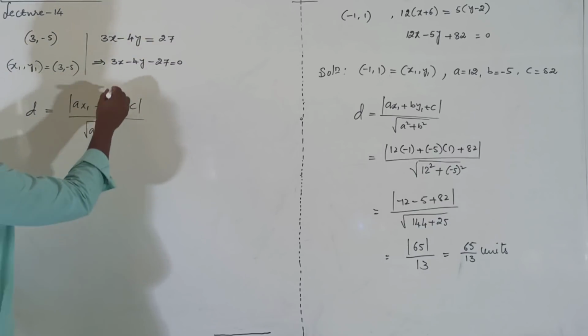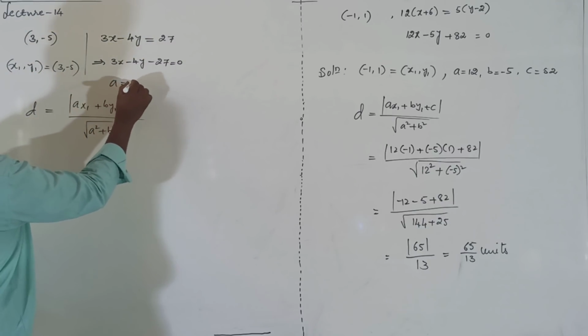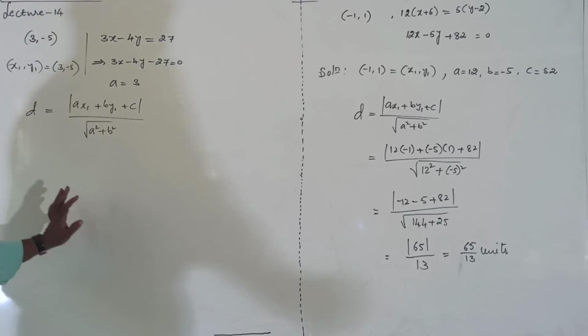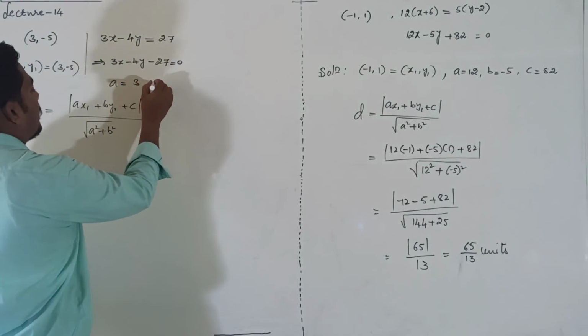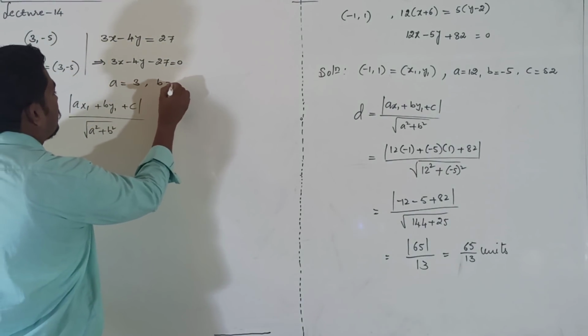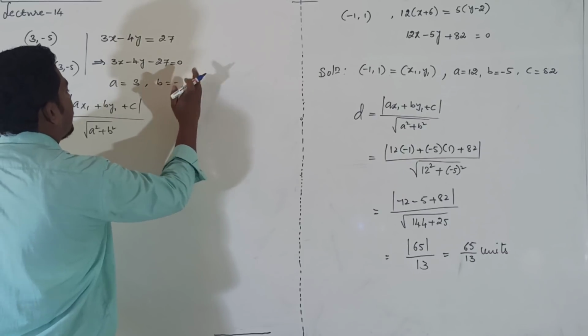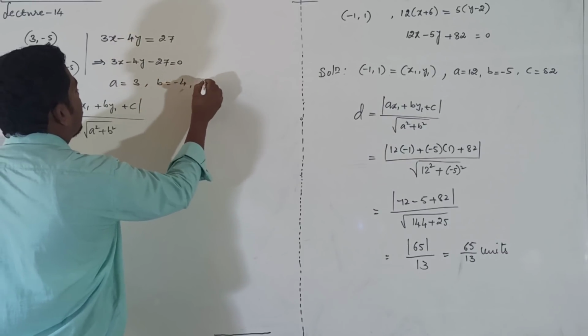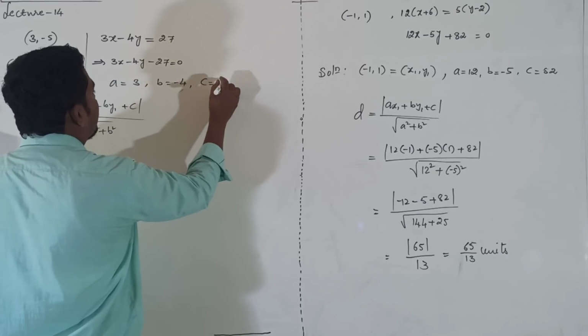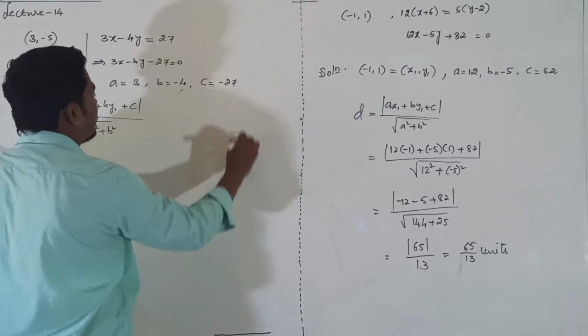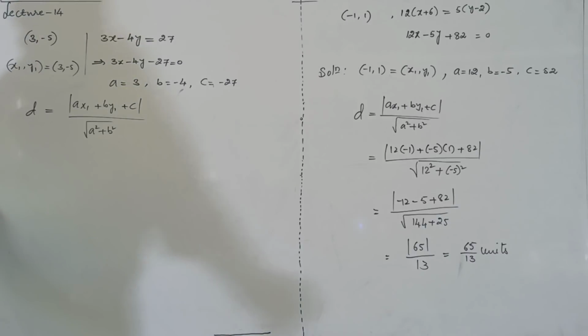Before that, write the values. Coefficient of x is a, which is 3, and coefficient of y is b, which is -4, and constant term is c. C equals -27. Take the negative sign also.